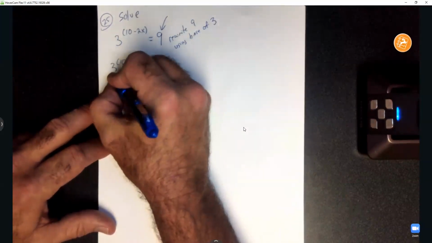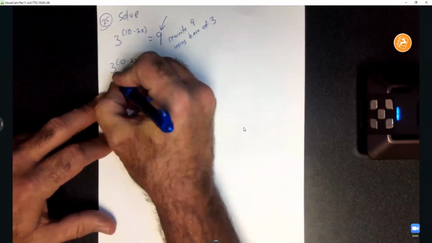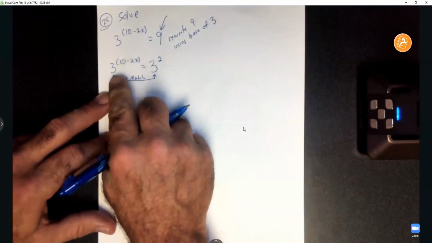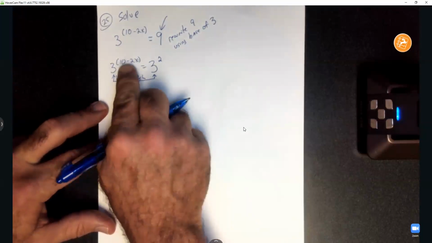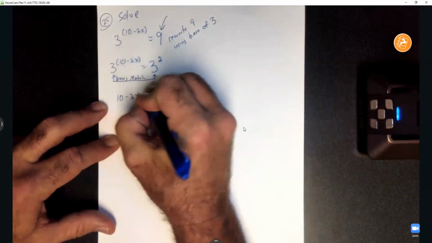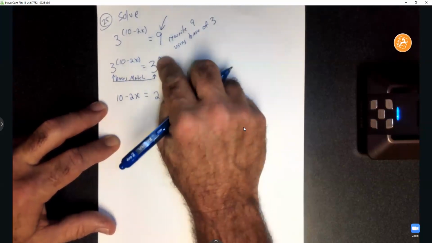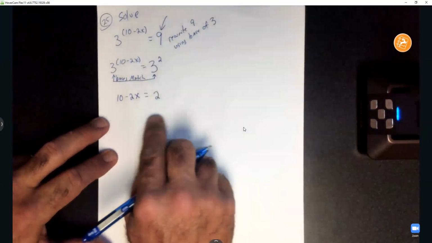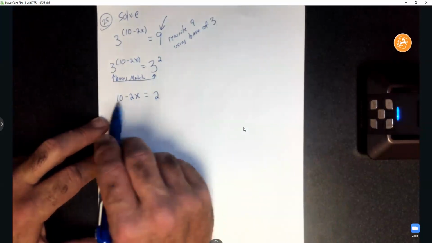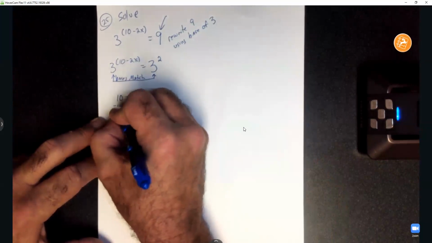Because at this point, the bases match. So since these bases match, that means the exponents are equal. So 10 minus 2x has to equal 2. And y'all, at this point, we're just going to solve this. So we would solve by moving the 10 by subtracting.